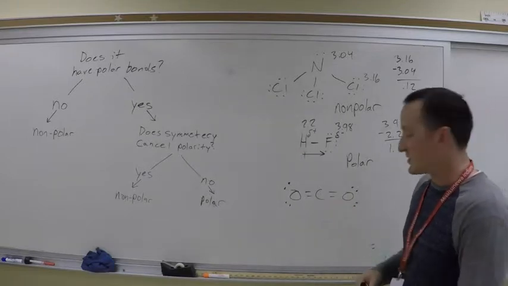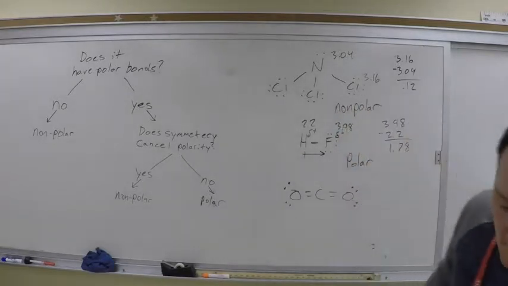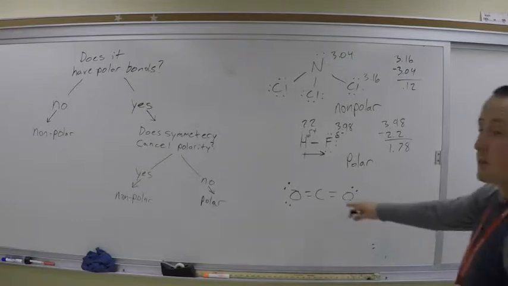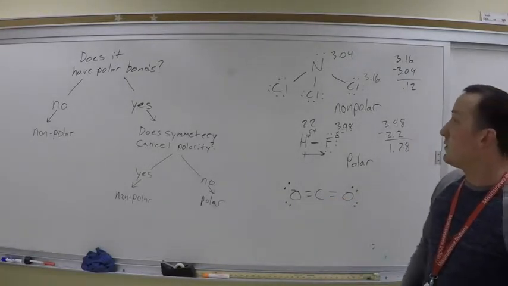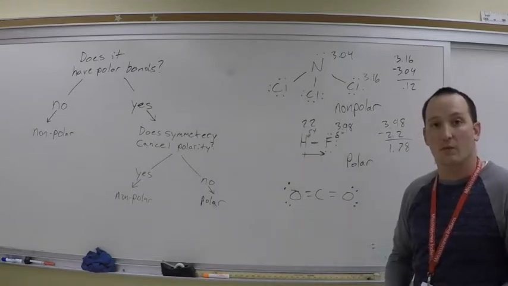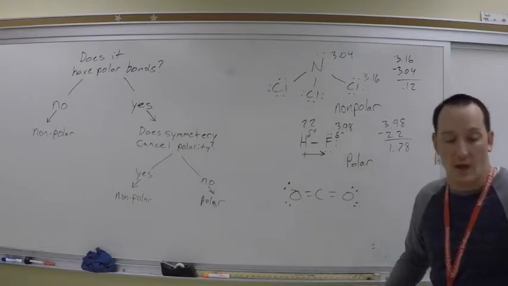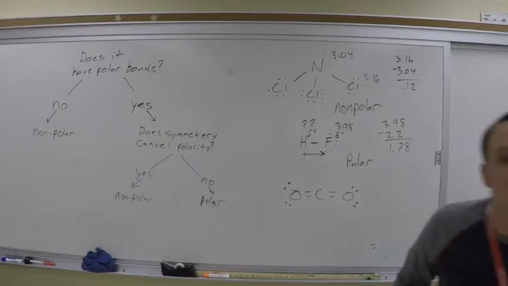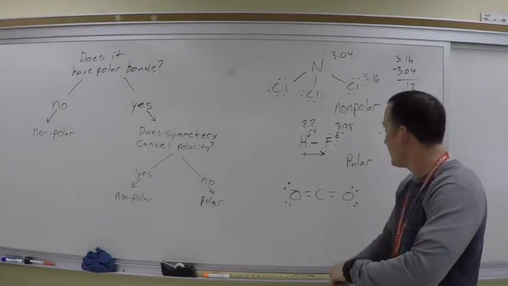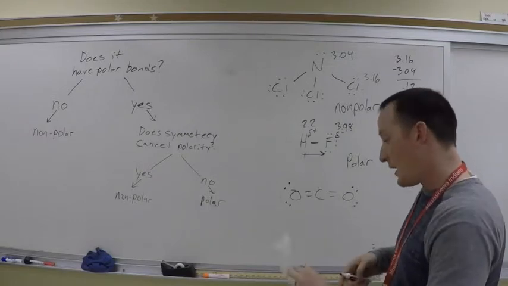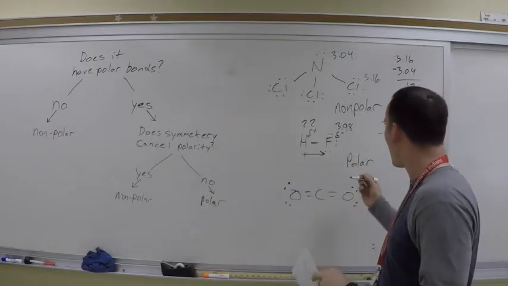Then, my next one says that I've got carbon dioxide, CO2. So I've got my Lewis structure. Then I'm going to ask myself, does it have polar bonds? Well, in order to determine that, I need to look up the electronegativities. Carbon's electronegativity is 2.55, and oxygen's electronegativity is 3.44.